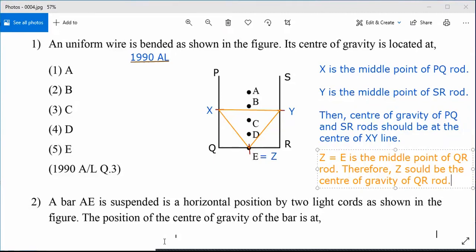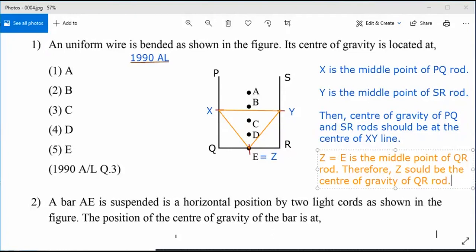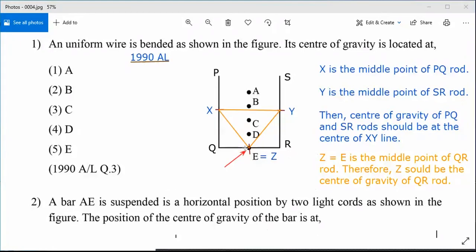Are you okay up to this point? E is the middle point of QR. Z is also the middle point of QR. That's what I have said. If you want, you can mark E separately like this. You can draw an arrow, right?